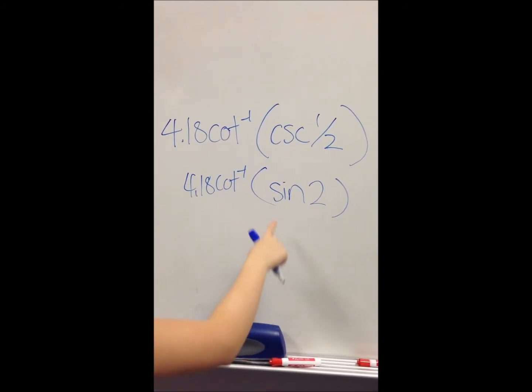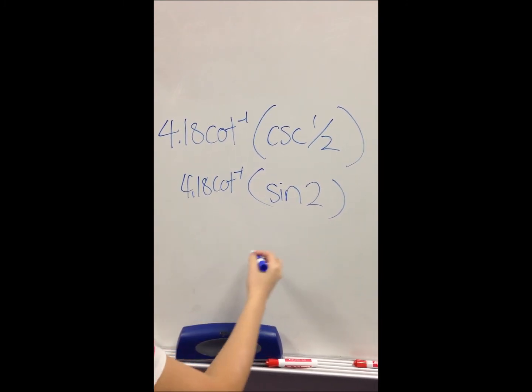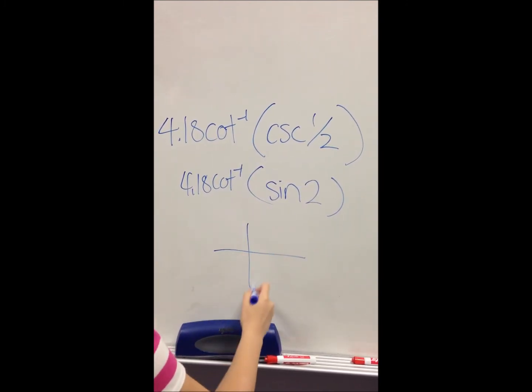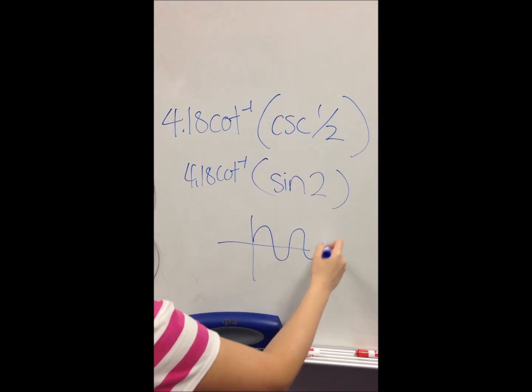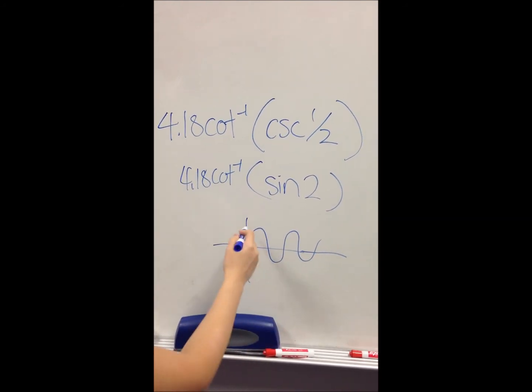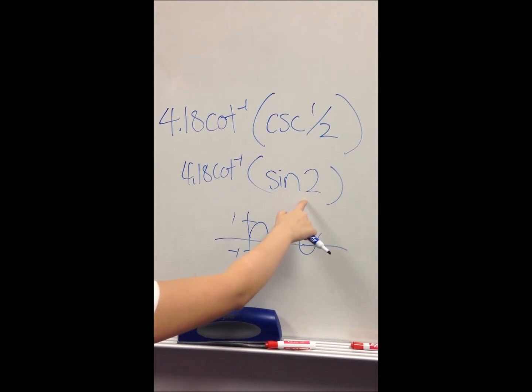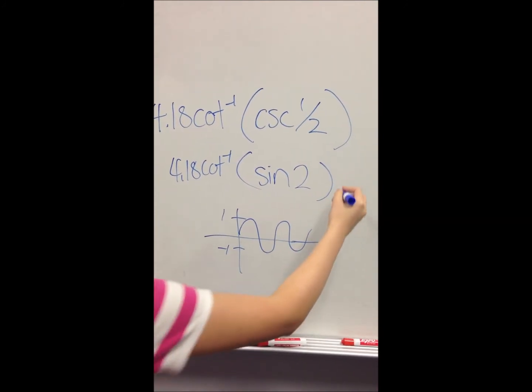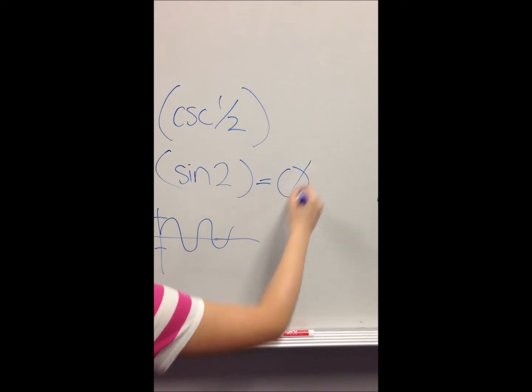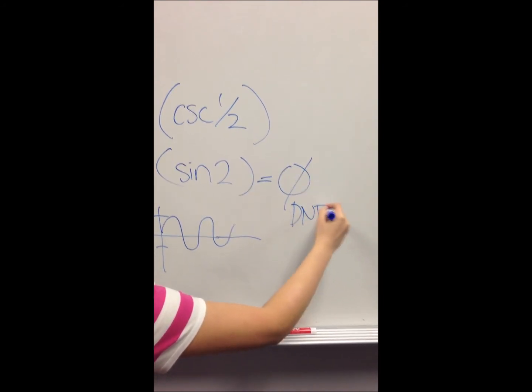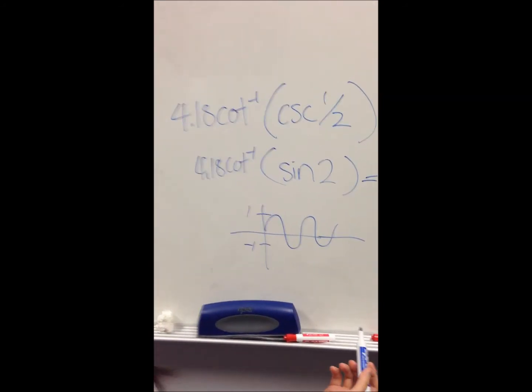But if you think about it, on your graph, the highest point is 1 and the lowest point is -1, so this doesn't exist. So the answer is DNE or NA, whatever you prefer.